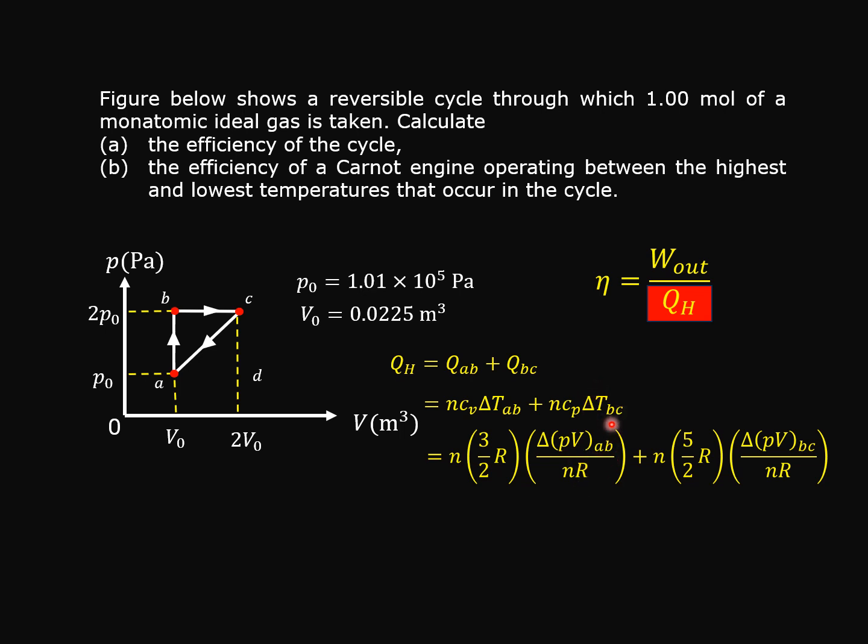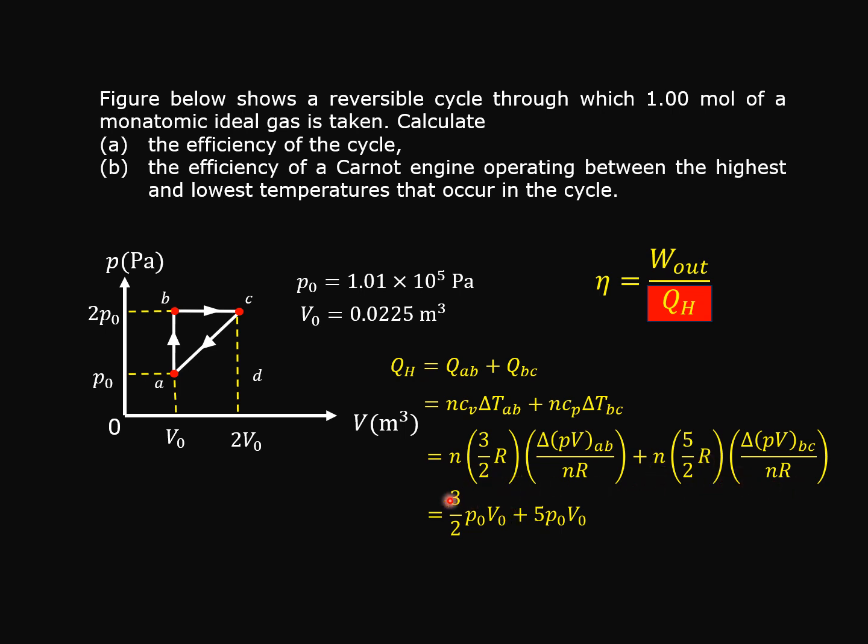The same thing happens for process BC, so we have delta PV BC over nR. The nR and nR cancel out. In the second term also, nR and nR cancel out.